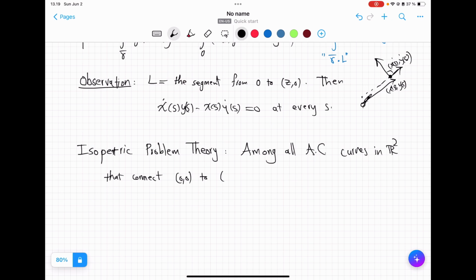in this case our z and 0, and have this signed area equal to T over 4 in absolute value.